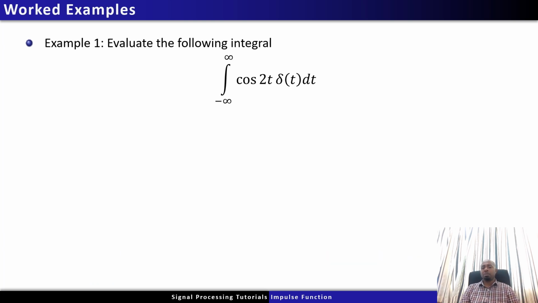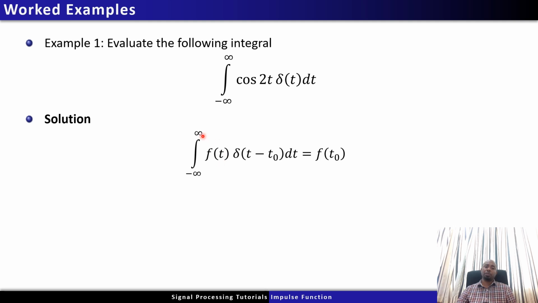Example number 1, evaluate the following integral: cosine 2t delta t dt. Using the shifting property, which states that the integral of f of t delta t minus t naught dt equals f of t naught, now comparing the two equations, you can clearly see t naught is equal to 0 in this case.